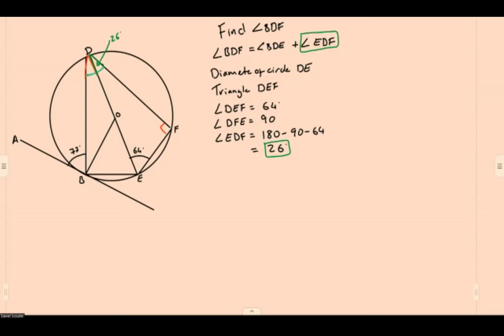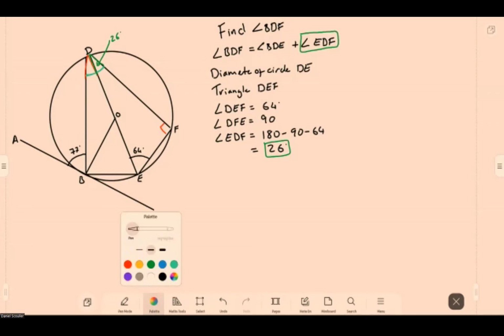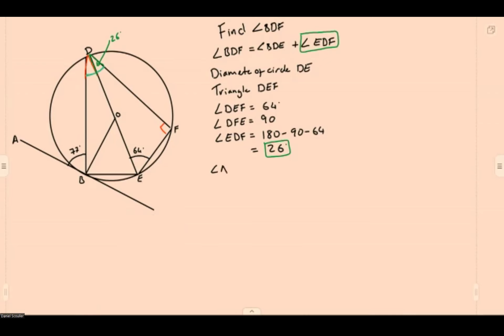Now I'm going to look to the left. I'm going to ignore that triangle to the right hand side of the diameter. Take my time. I'm going to look over to the left, and I'll see that angle ABD is given to me.